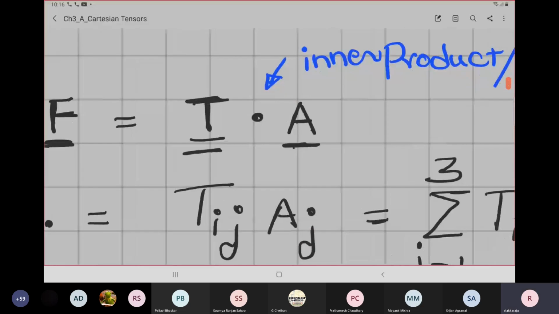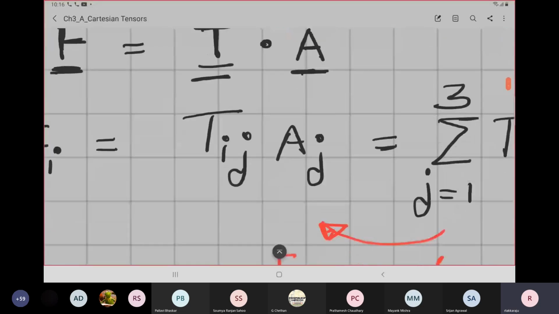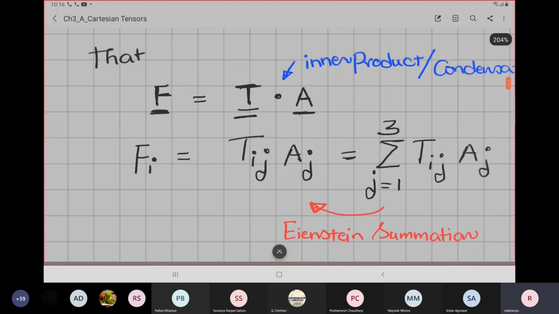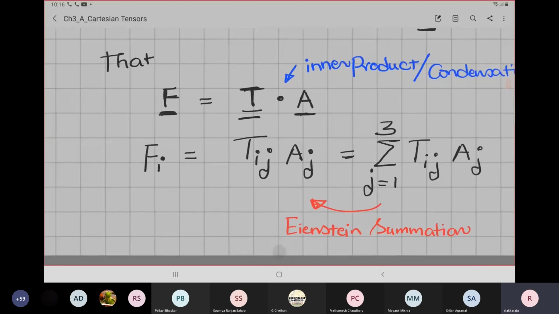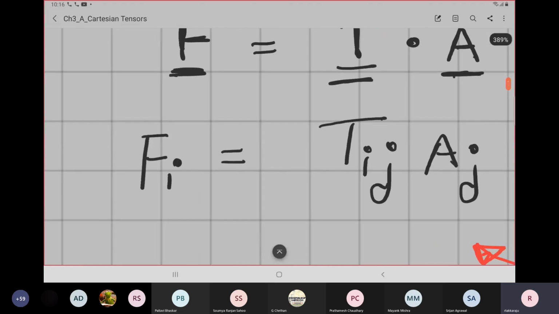That means you have a 3 by 3 matrix and a 3 by 1 matrix, and you would like a certain kind of product so that the 3 by 3 and 3 by 1 condense into 3 by 1. The best operation we can do is write Tij Aj, applying summation over j equal to 1, 2, 3. Then the index j condenses and the index i survives. That's the reason we denote F as Fi.